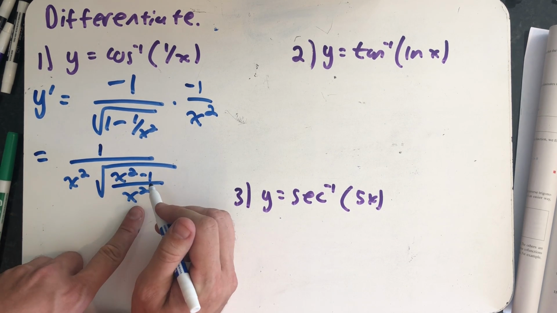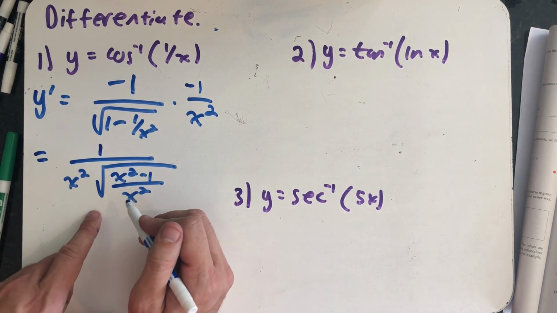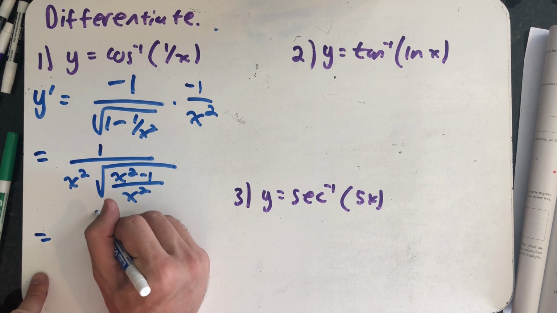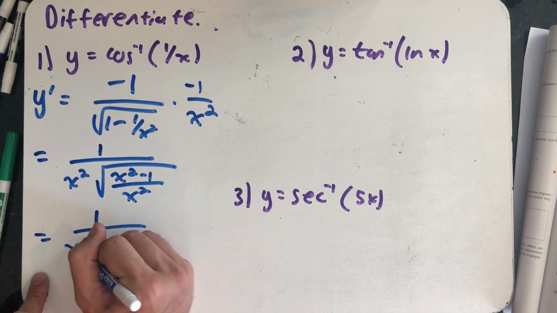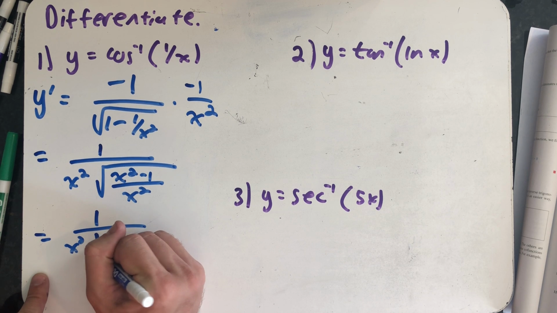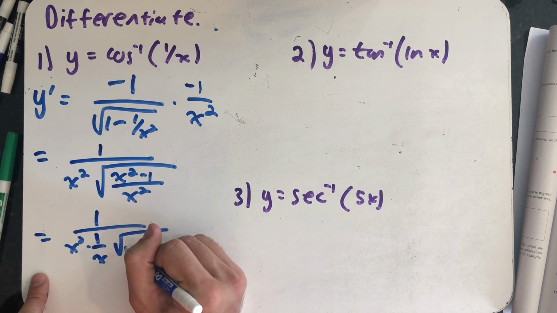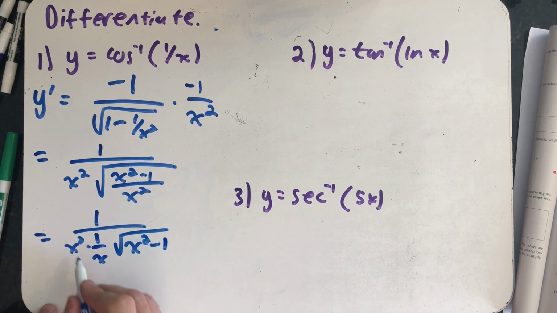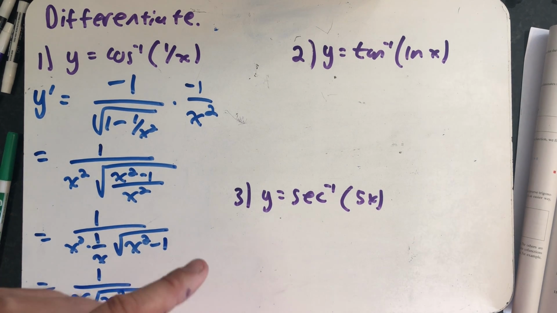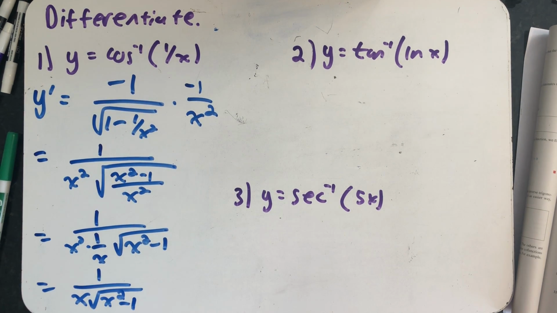I can now imagine factoring out the square root of 1 over x squared. I'd have that x squared on the outside times 1 over x times the square root of x squared minus 1. I can reduce, and I'll have 1 over x times the square root of x squared minus 1. And there's my nice happy derivative formula.